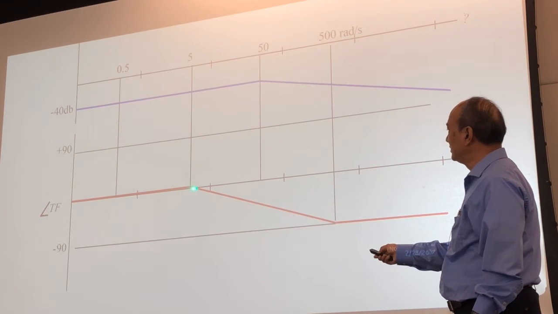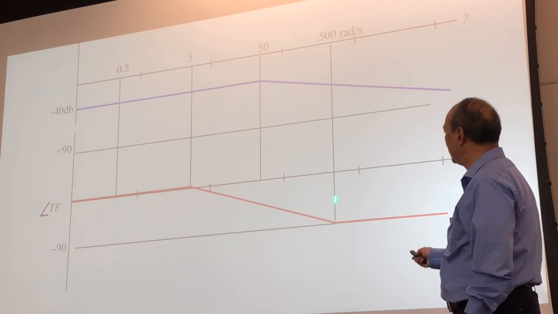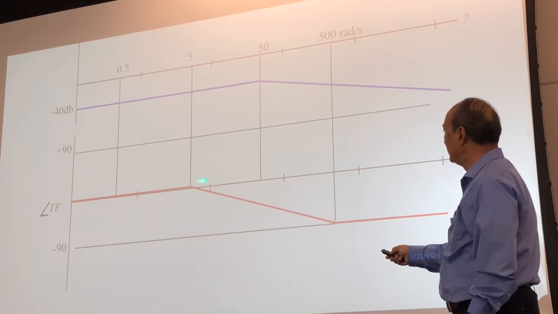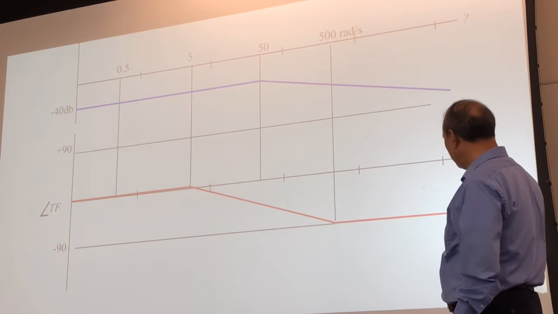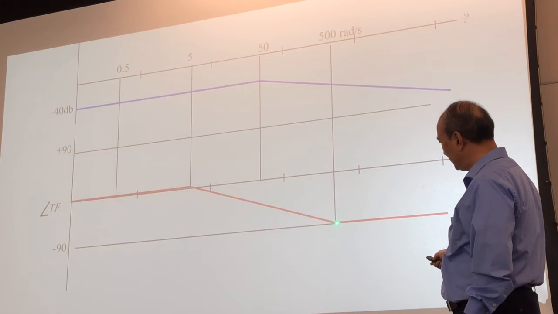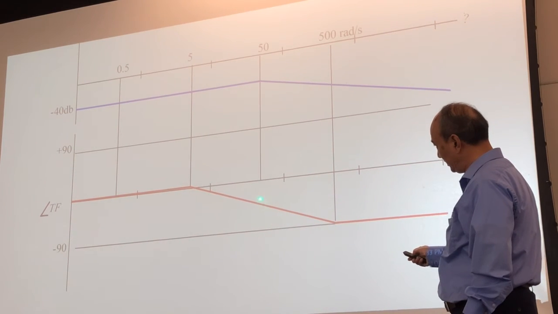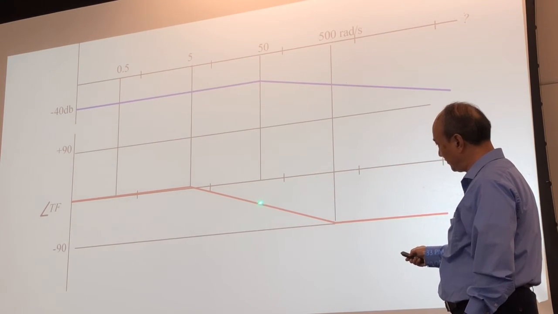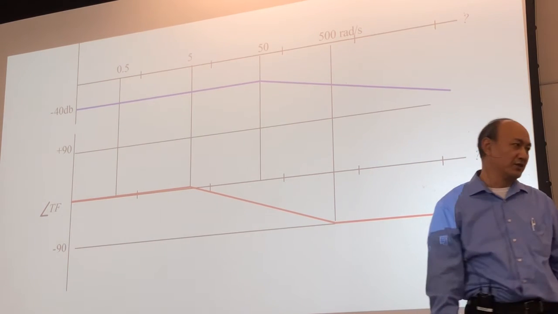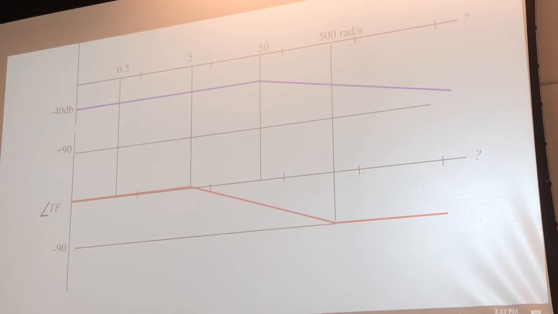And at this point, I know that omega times 10 is 500. This is 5. Starting from here, minus 90. But in between, just connect these two dots. It will definitely cross this minus 45 degrees. So the blue one is the magnitude Bode. The red one is my phase Bode.